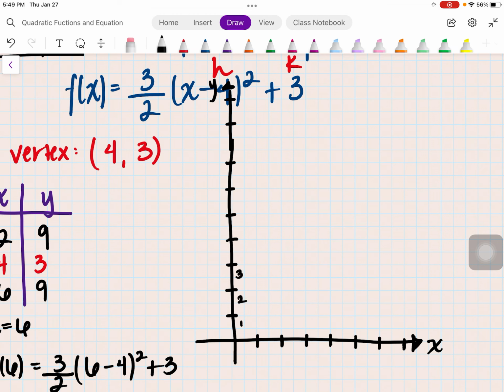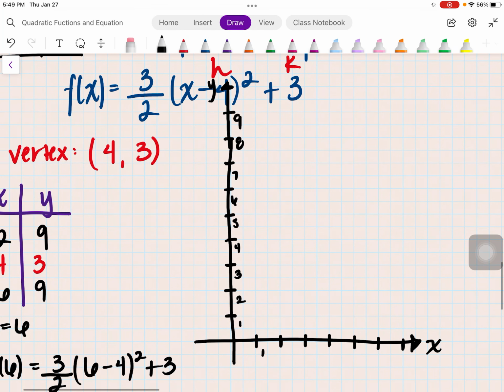So it's 1, 2, 3, 4, 6, 7. Oh, I counted wrong. 7, 8, and 9. So 8 and 9. And then this is 1, 2, 3, 4, 5, 6, 7. And this is -1, -1.